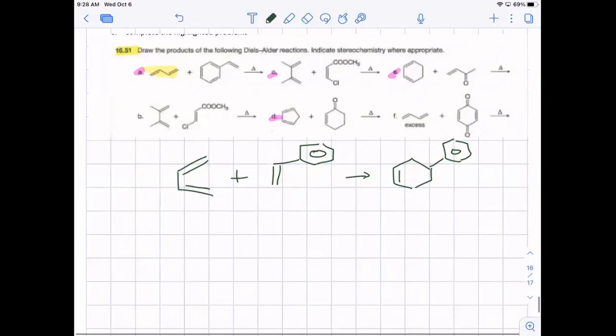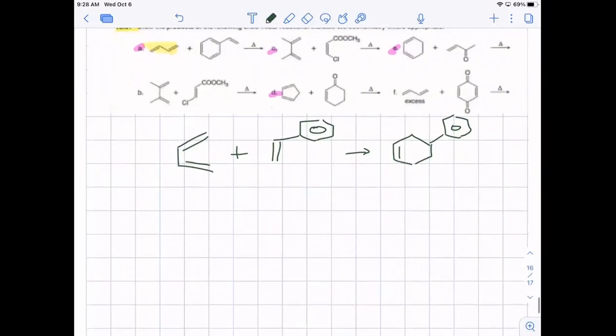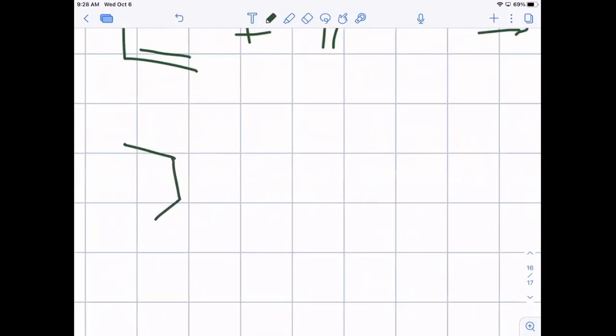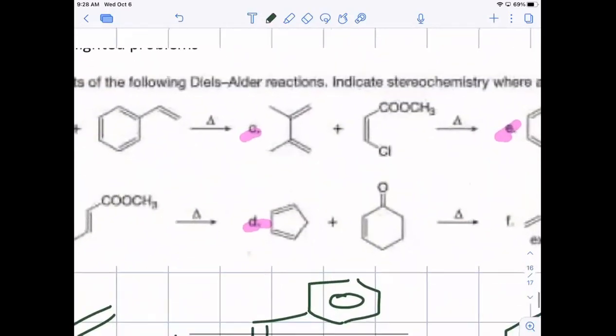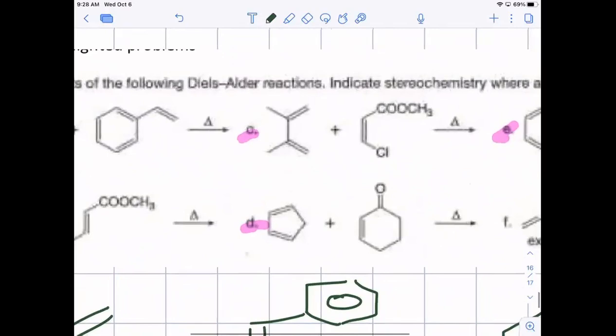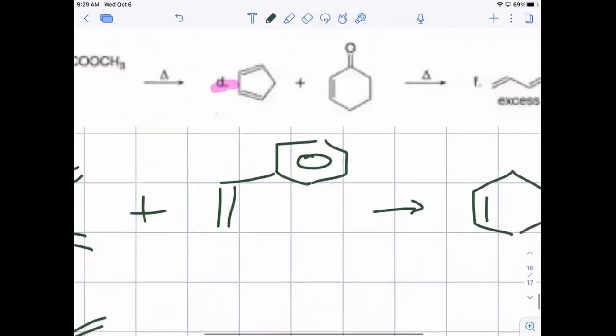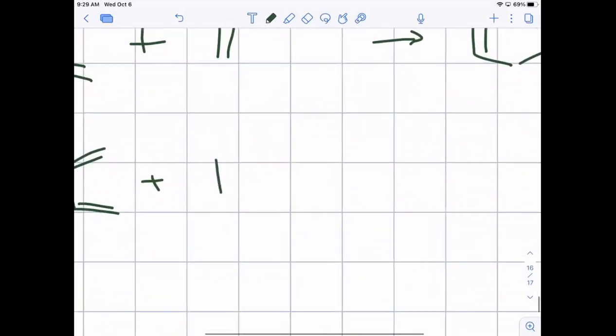Let's look at C. So this is my diene, and it's going to be sped up a little bit because those methyl groups are inductively donating. They're going to make that diene a little bit more reactive by raising the energy of the HOMO.